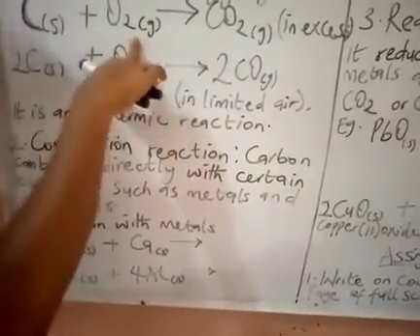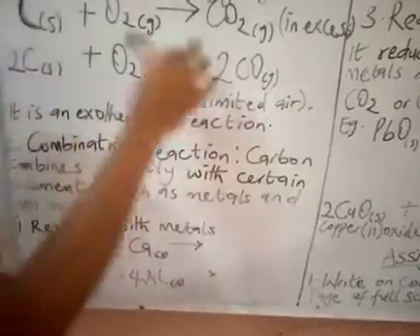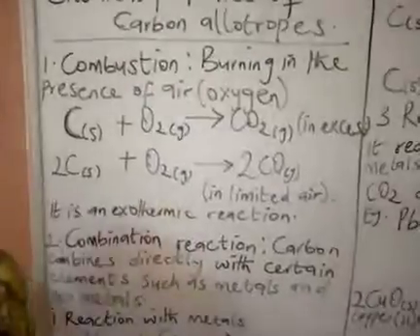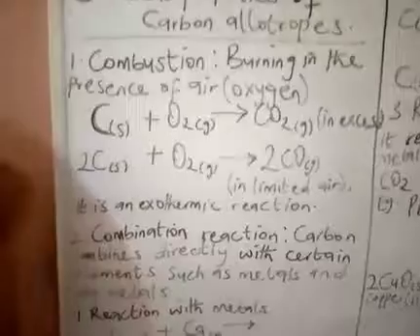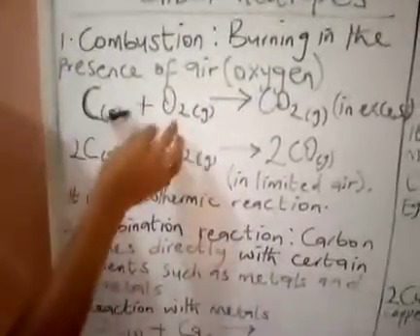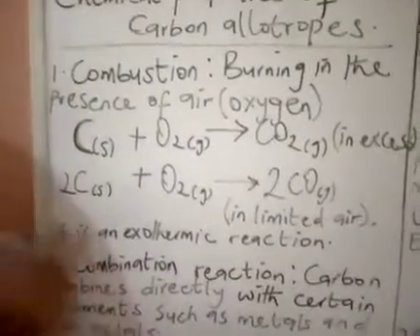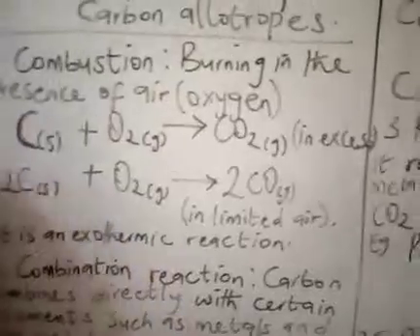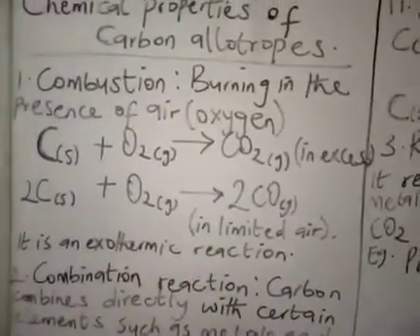In the presence of excess oxygen, burning gives rise to carbon(IV) oxide, because we have just one carbon atom whereas oxygen is present as two atoms.